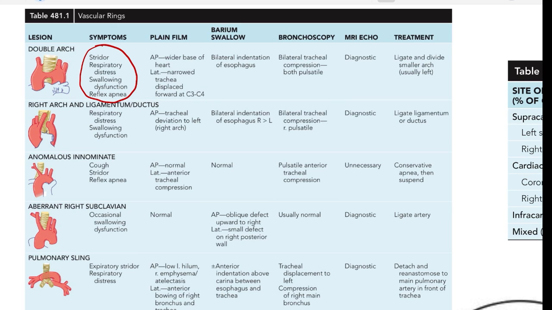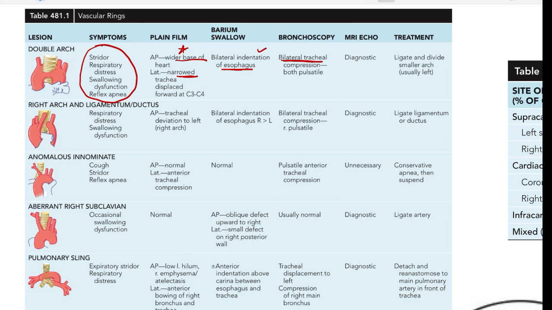On plain X-ray film, AP film, wider base of heart will be seen, and lateral film, narrowed trachea will be seen. These are two important things. And in this condition, on both esophagus and trachea, compression or indentation signs will be present.